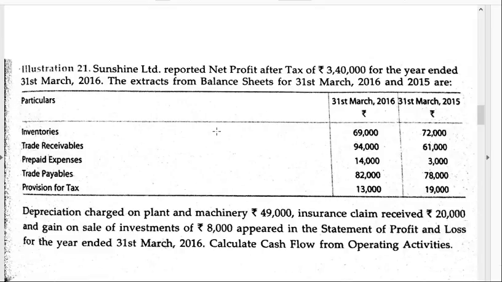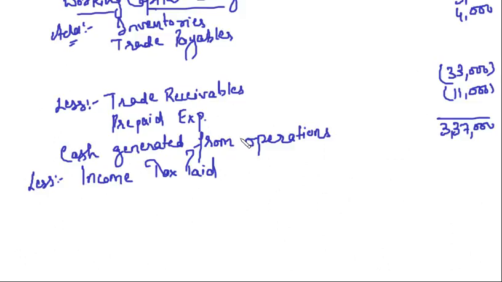So in the current year, we always assume that this 19,000 is tax paid in the current year. Clear? Provision created last year is for the tax payment in the next year. So in the next year, that is the current year, we have paid the provision of 19,000.